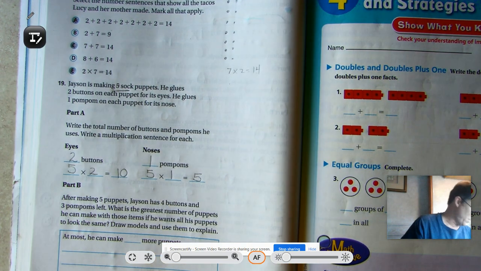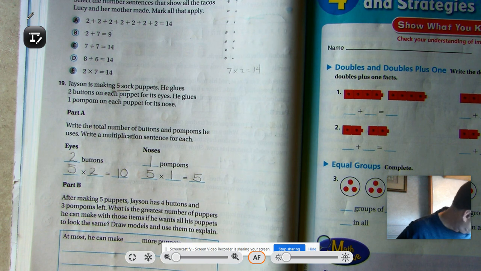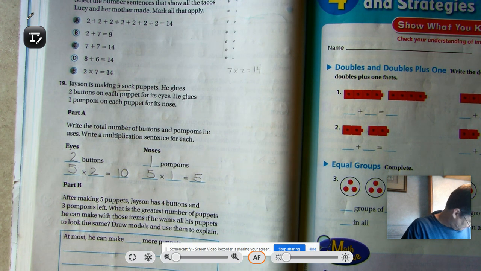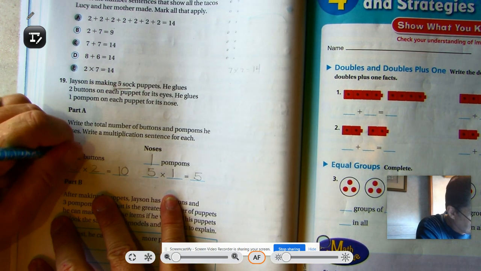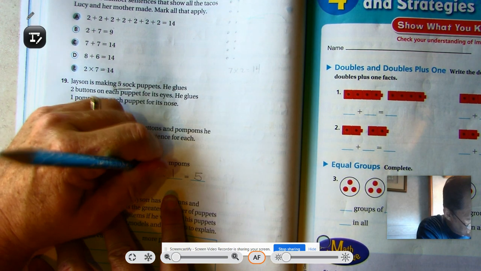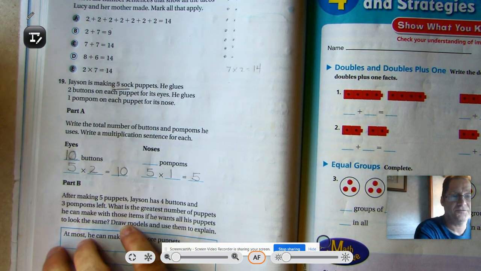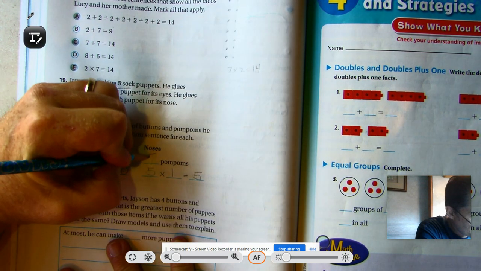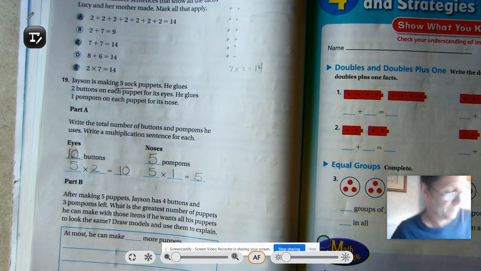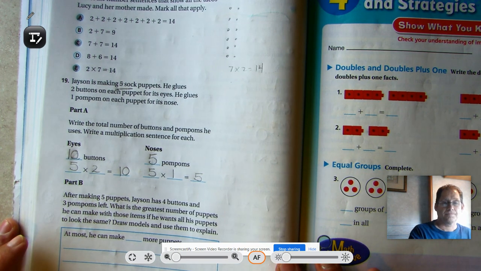He's going to use 5 pom-poms. This actually should be the total. So he's going to use 10 buttons for the eyes, 5 pom-poms for the noses.